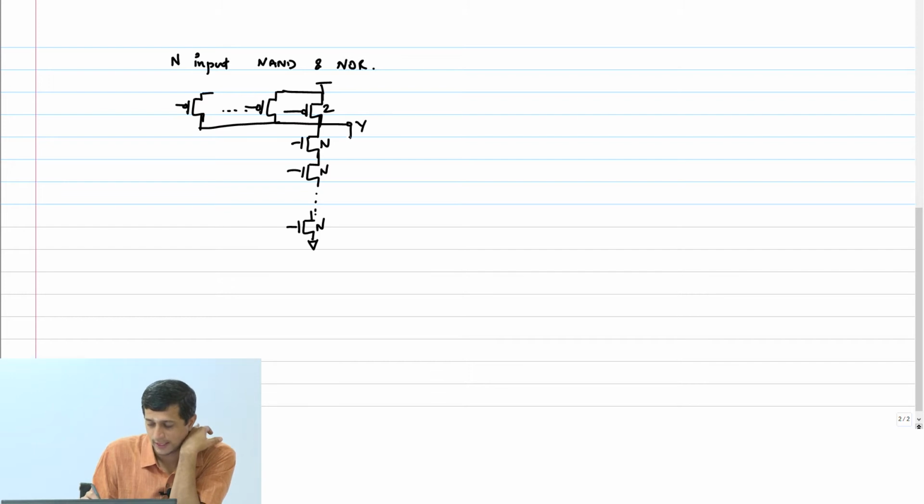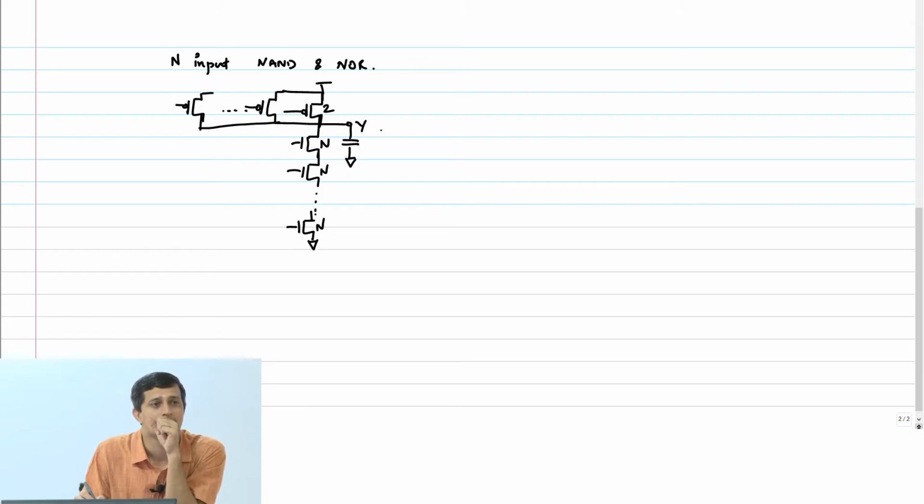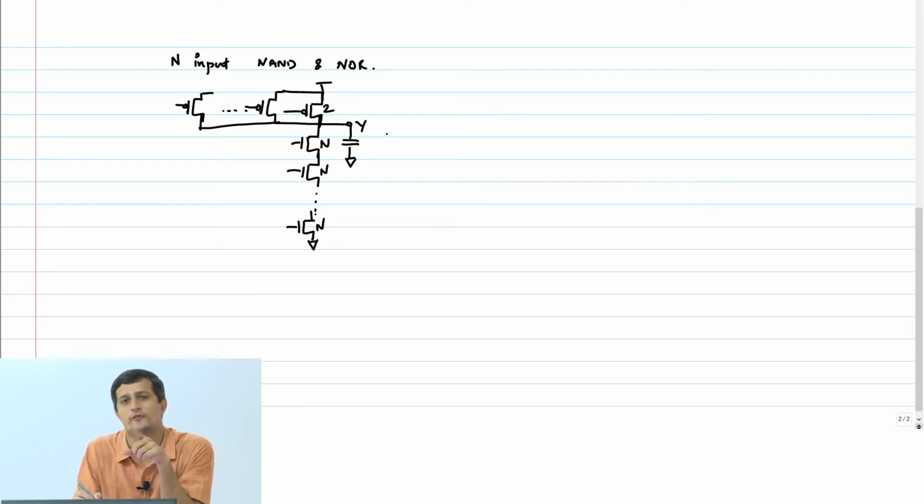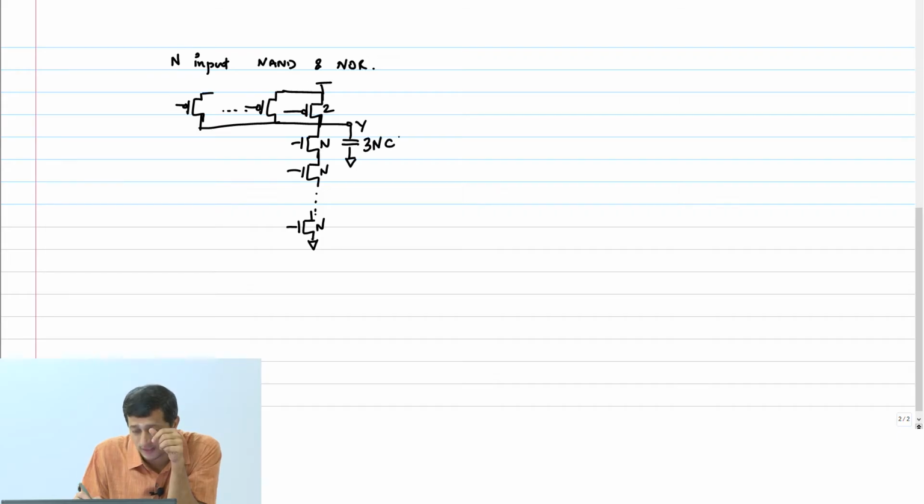So the net output capacitance here is how much? 3N into C: 2C coming from each of the N PMOSes and NC coming from the top NMOS. So you get 3NC.